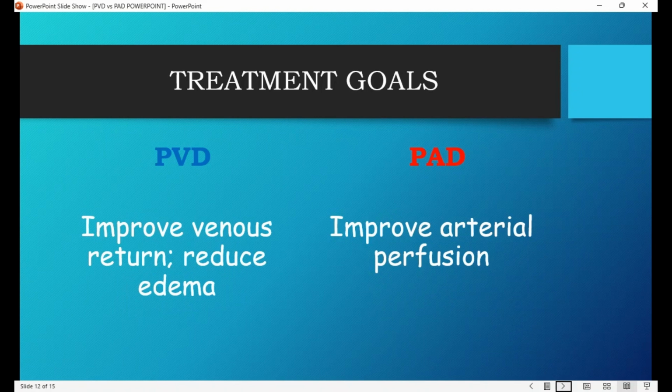With PVD, the treatment goal is to improve venous return and reduce edema. In PAD, the treatment goal is to improve arterial perfusion. And it's important for both because in PVD you want the blood going back to the heart to get the oxygen that it needs. In PAD, you want the oxygenated blood to be able to circulate to the outer parts away from the body.